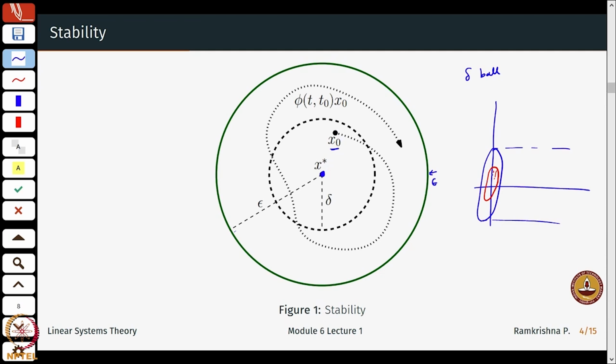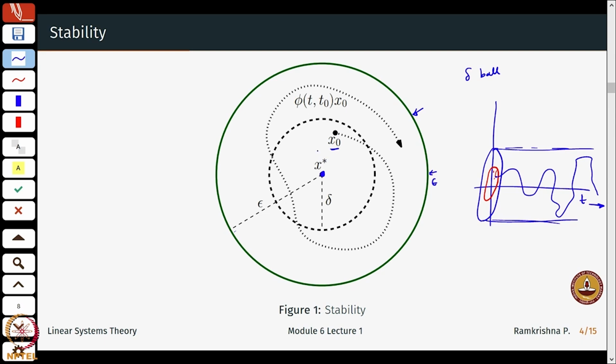I start at some initial condition here, and as time goes by the solution is just within this cylinder. It could go here and so on, but it will never breach this cylinder. So, it will just move along the cylinder. Here I am actually even adding the time axis. So, if I tilt it, these solutions will just move along this cylinder, which is represented in green. Essentially it means that the solutions do not go unbounded.